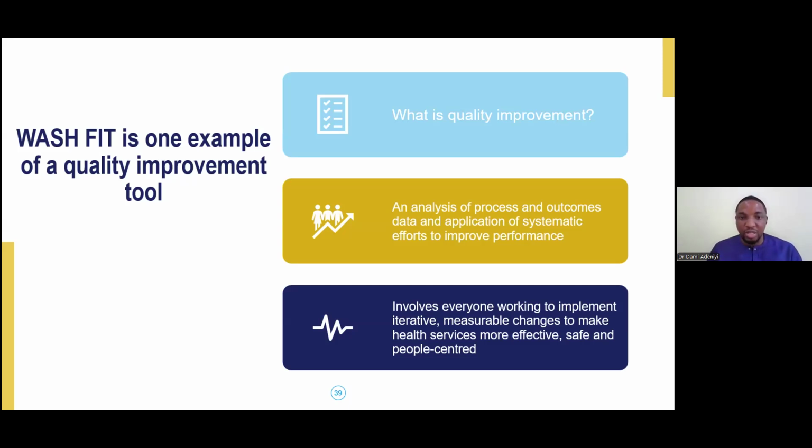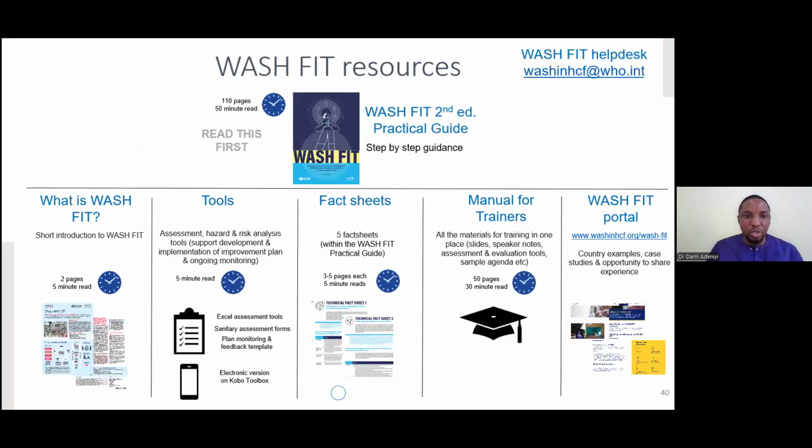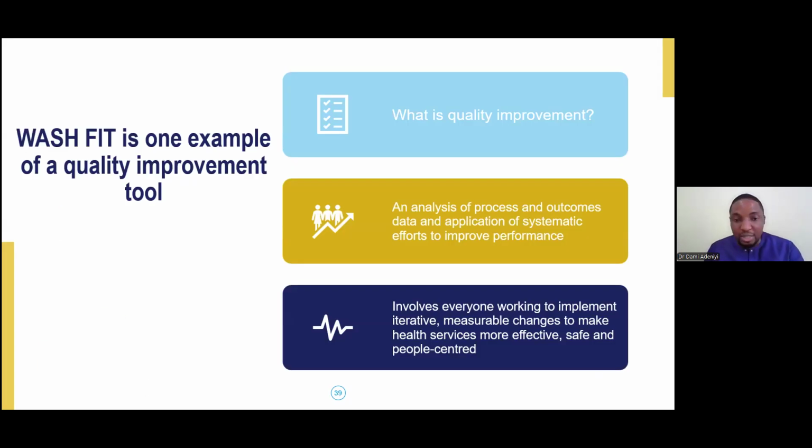We've talked about the 5 steps of the worksheet tool: establishing a team and ensuring that the team is trained, and then doing an assessment of WASH facilities across the various domains, and then doing a risk assessment of the gaps you identified during your initial assessment, so that you can classify them into high risk, medium risk, or low risk based on the severity of the problem and the likelihood that it will occur.